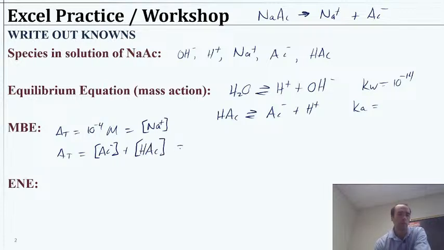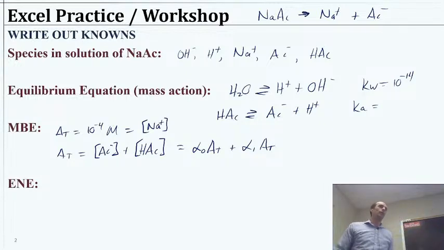We could also write that, if we really felt like it, in the form of the alpha fractions. Yeah, we could do alpha 0 times A total plus alpha 1 times A total, right? We don't normally write it that way, but just in case we care, it reminds us that the alpha fractions are just showing us the proportion that is one or the other.